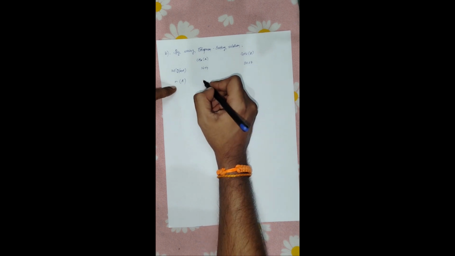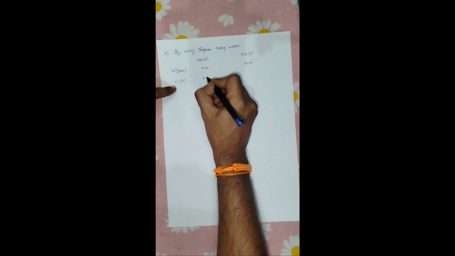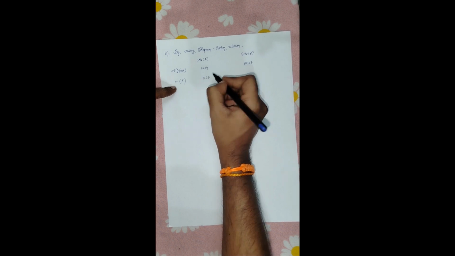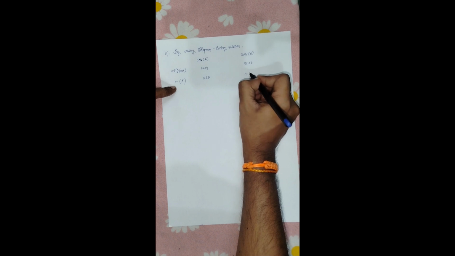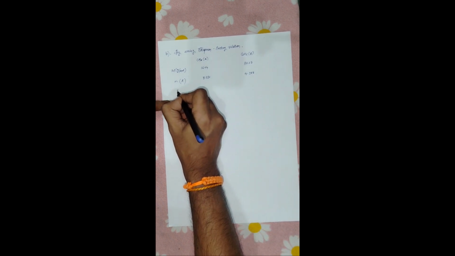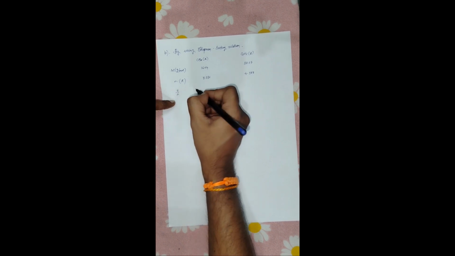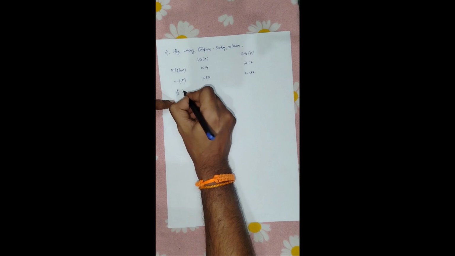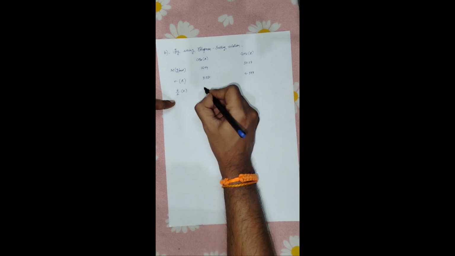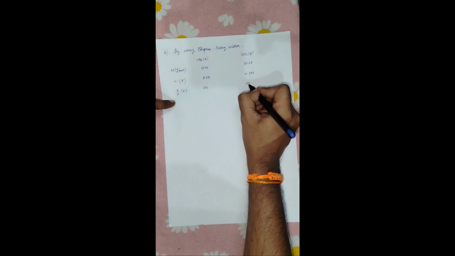We'll get this from the table: 3.780, 4.388. Epsilon by k in terms of Kelvin: here it is 154 and this is 232.